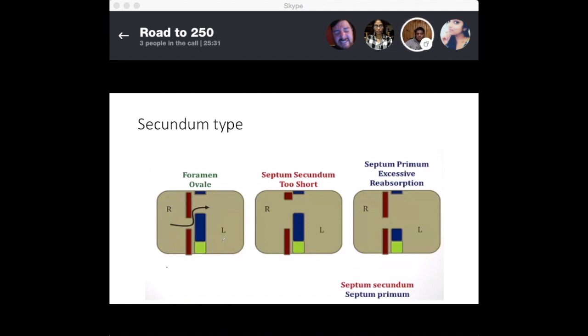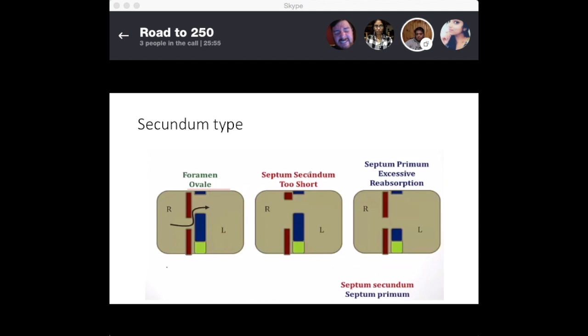If you follow the normal heart embryology, this is going to connect to the endocardial cushion. So the foramen ovale basically will, when the pressure is too high, open to allow the shunting. And this is common in fetal circulation.